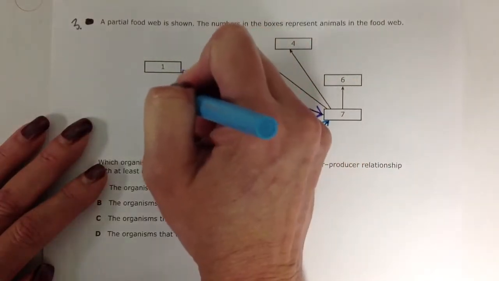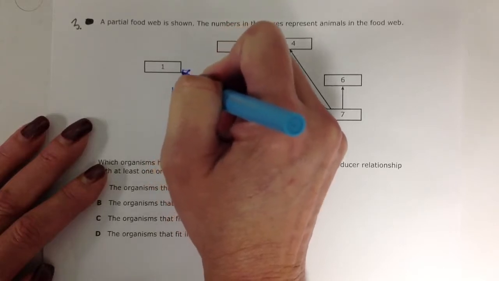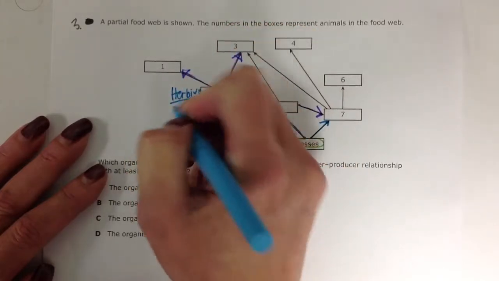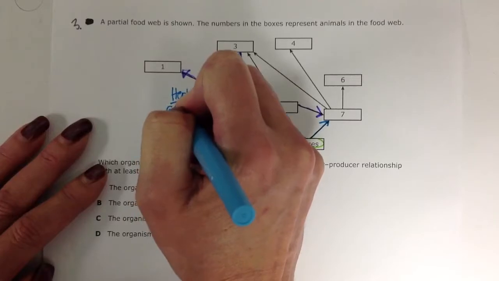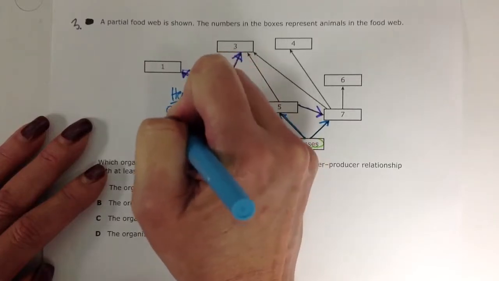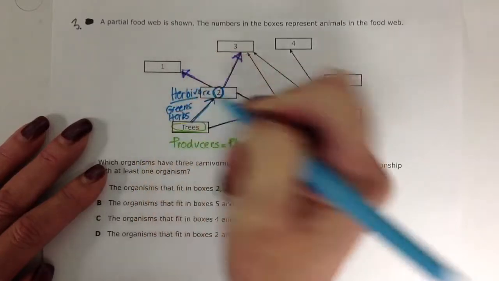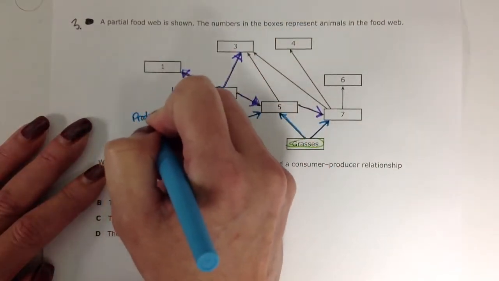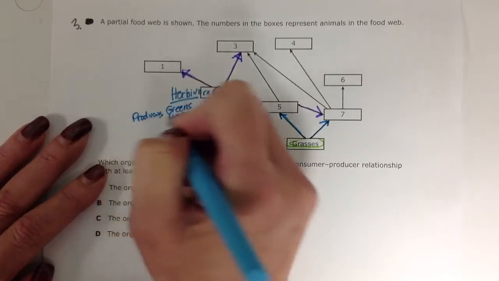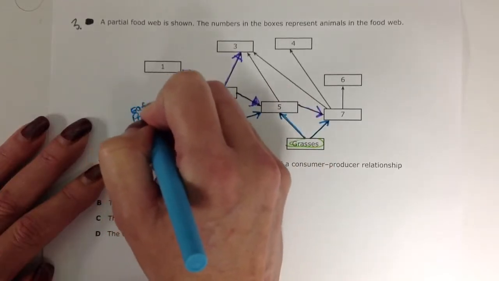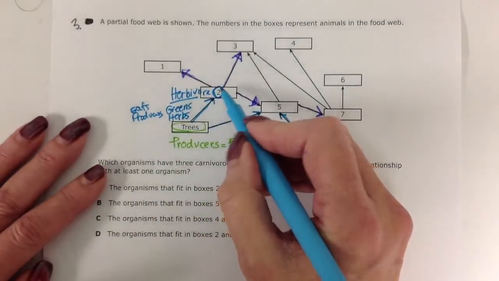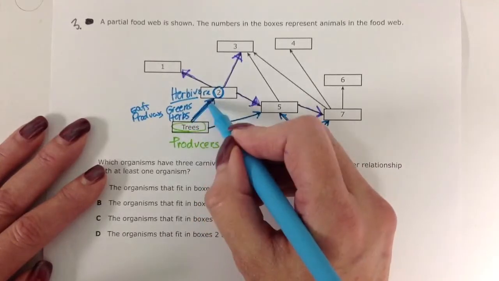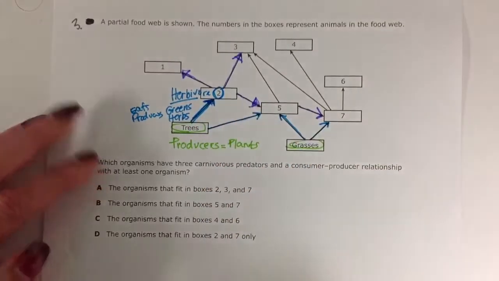This is going to be our herbivore, meaning this one eats greens, herbs, like at the grocery store. So in other words, it eats only producers.